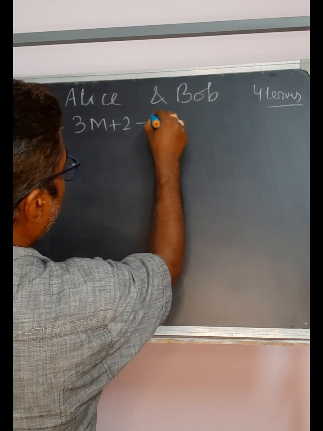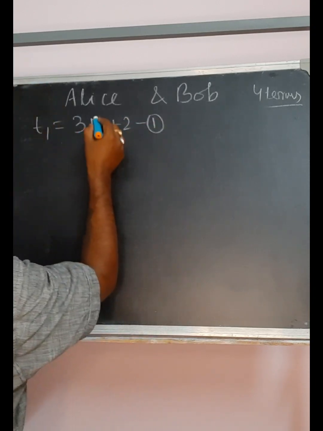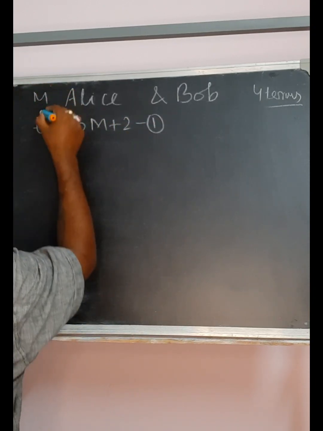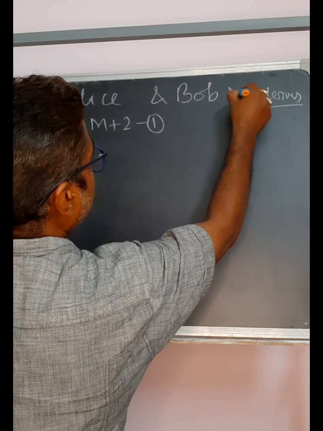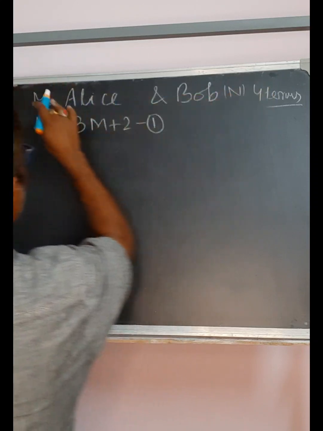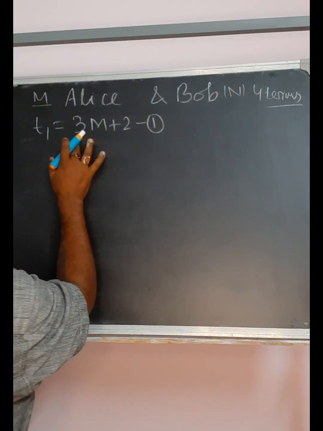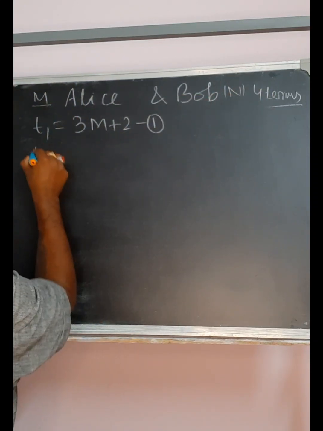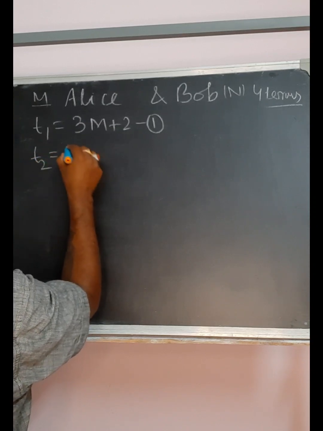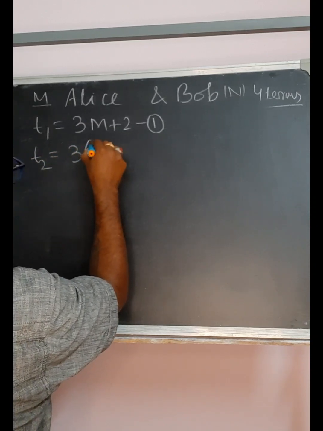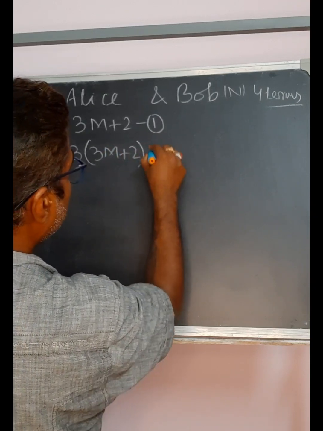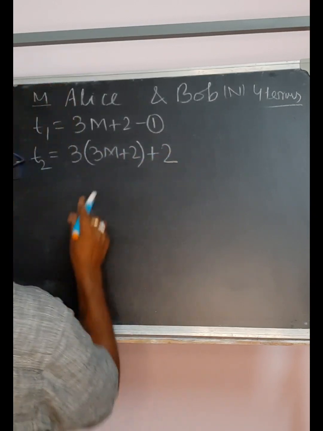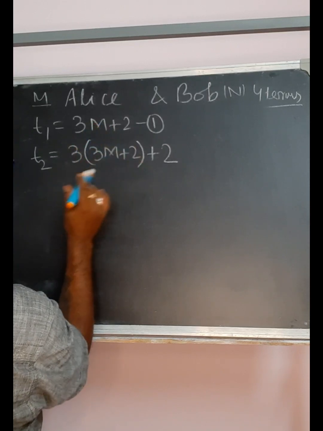Just remember, she is seeing m on the board, and for Bob it is n. After seeing m, she replaces it with 3m plus 2. In term 2, the same m she replaces with 3m plus 2. This is the second term when she is playing the game, so I have replaced m by 3m plus 2.